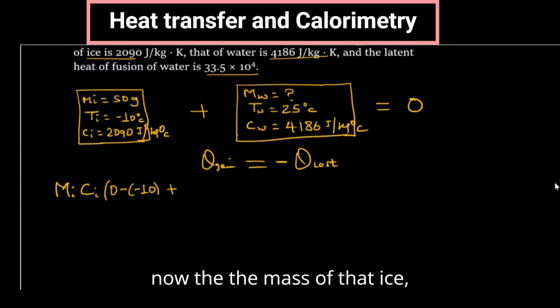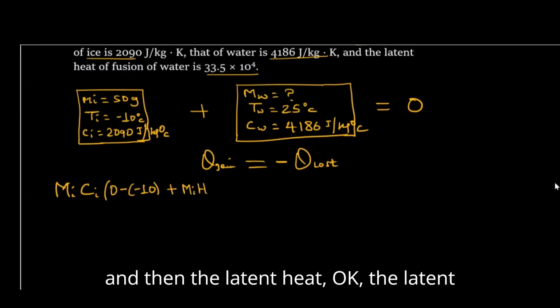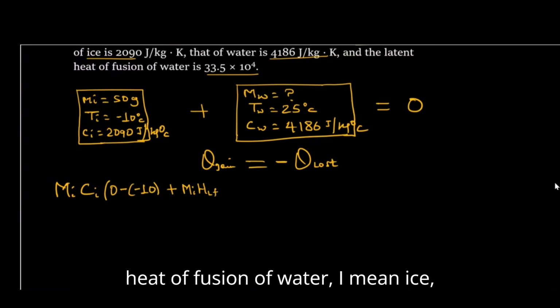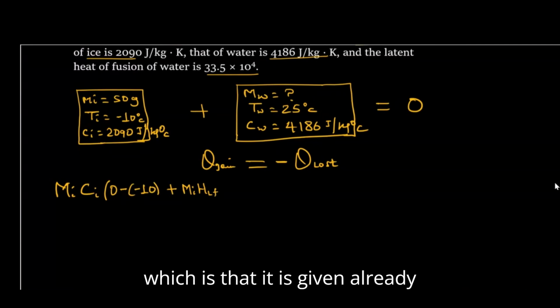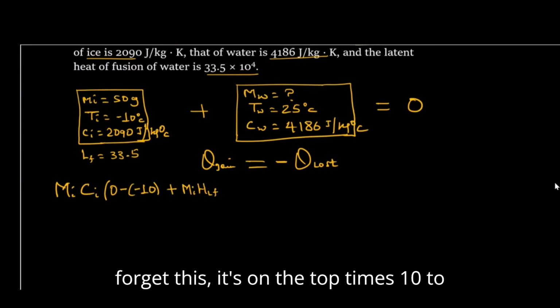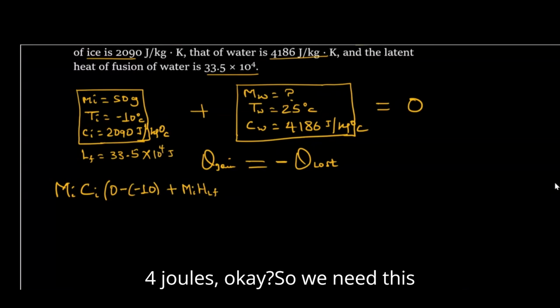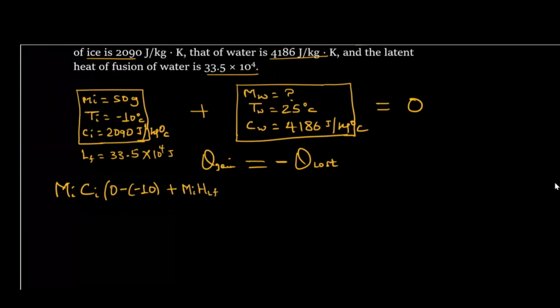We have to use the mass of that ice and then the latent heat of fusion of ice, which is given already: 33 times 10 to the power of 4 joules per kilogram. We need this amount of heat per kilogram to melt everything in the ice.